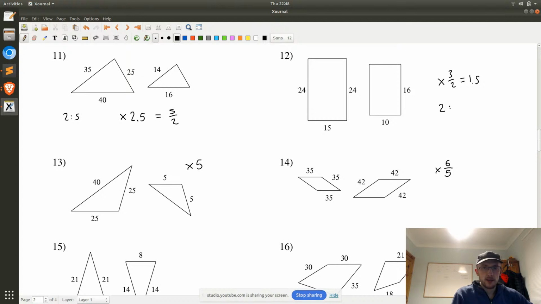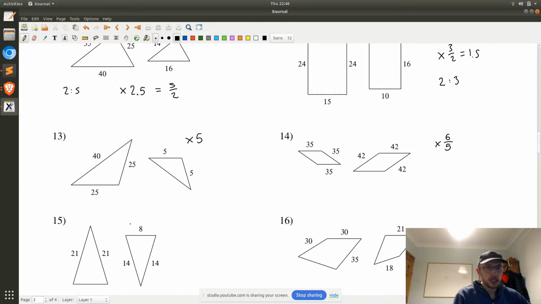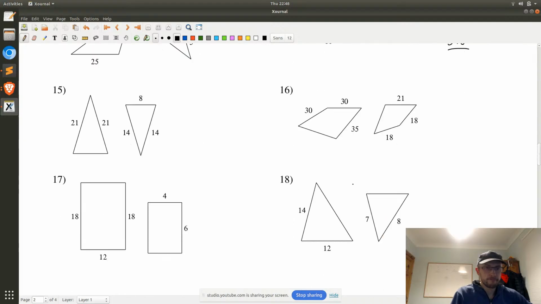We could say that's 2 to 3, smaller to larger. 1 to 5. 5 to 6. All good. 2 to 3.